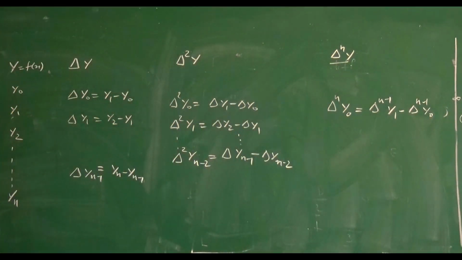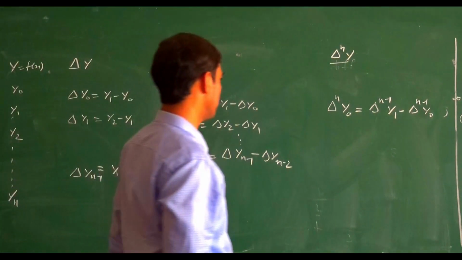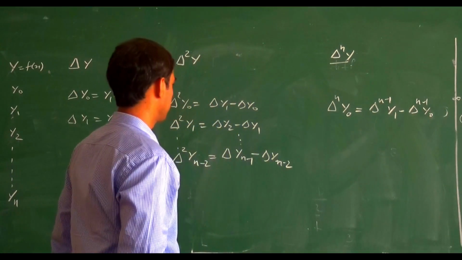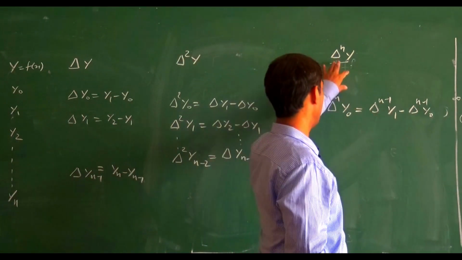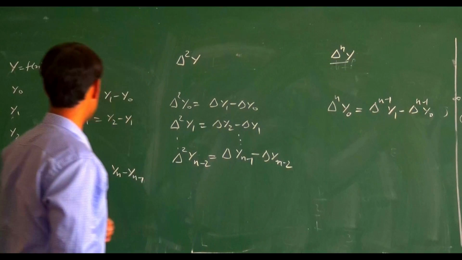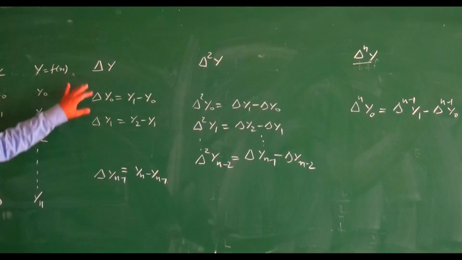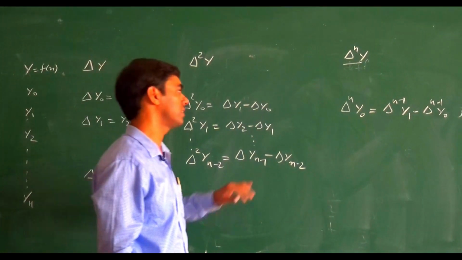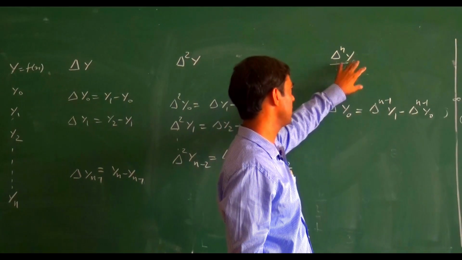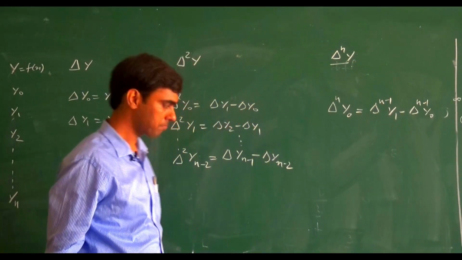In this way, we are able to find the differences up to the nth order. This one is the first order difference, this one is the second order difference, this one is the third order difference, and this one is the nth order difference.